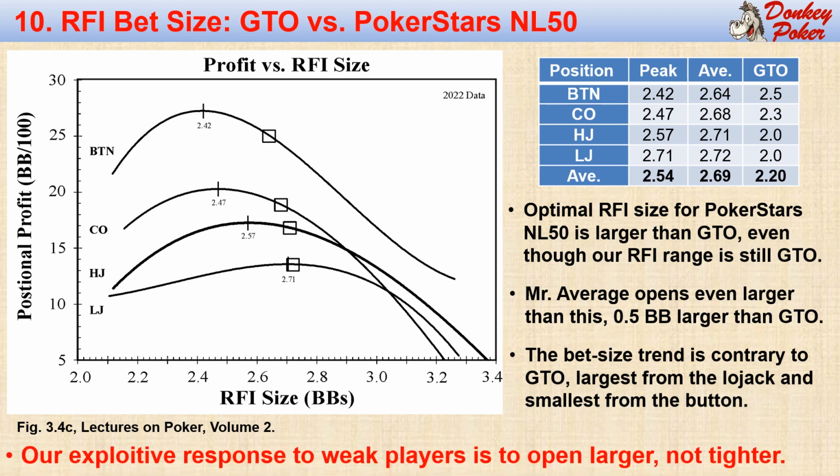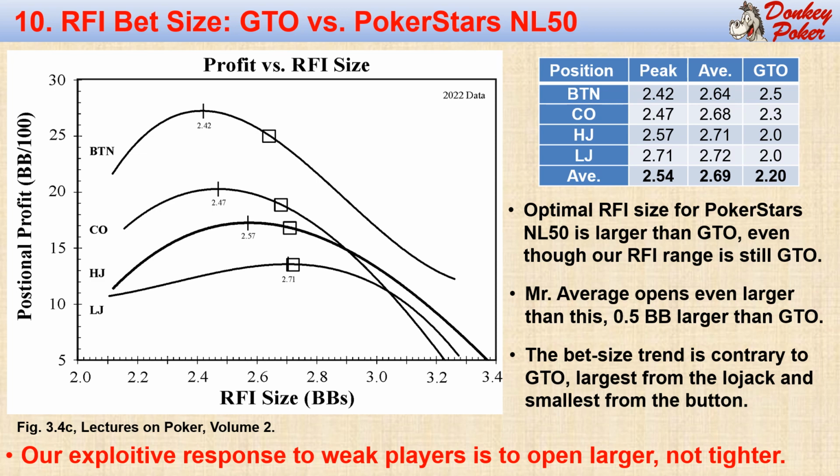This is our first lesson in adjusting our Holy Grail baseline to exploit our weaker than GTO opponents. We open larger than GTO while maintaining our GTO open ranges. This is contrary to what GTO solvers generally teach, which is to tighten our range when we increase our bet size.